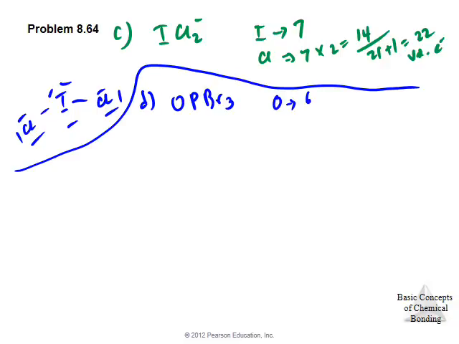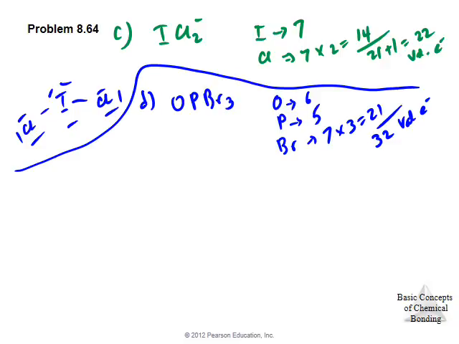Oxygen has 6. Phosphorus is the same group as nitrogen, has 5. Each Br has 7, and 3 of them would have 21. 26, 32, so you have altogether 32 valence electrons.